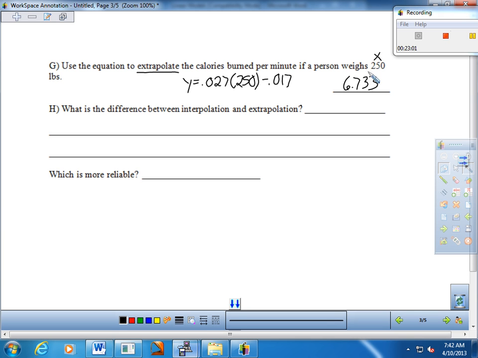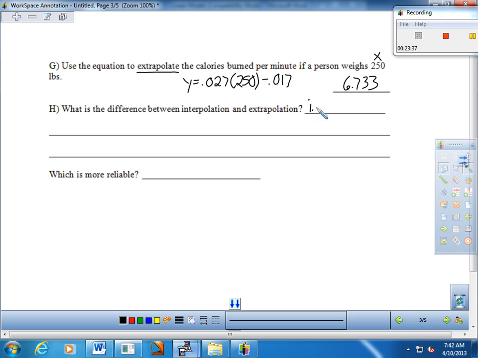Well, if you notice, the 159 pounds was within the bounds of our data set, right? If you look at our data set, the body weight was from 100 to 220. 159 is right in there. But the 250 is outside the bounds of our data set, right? It only goes up to 220, and yet I want to make a prediction on 250 pounds. So two different words for two different types of the same prediction, I guess.